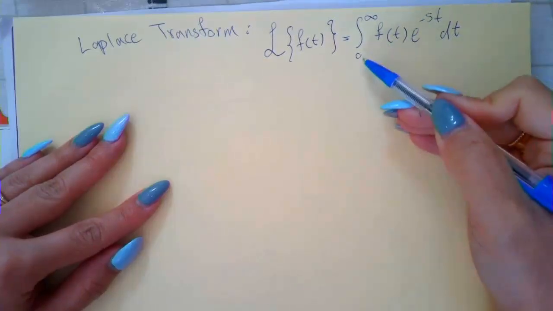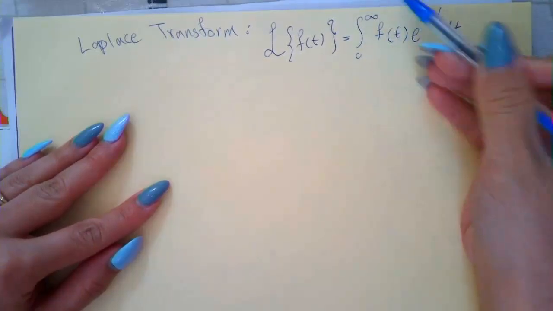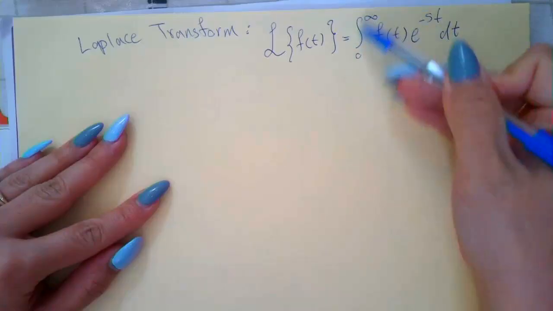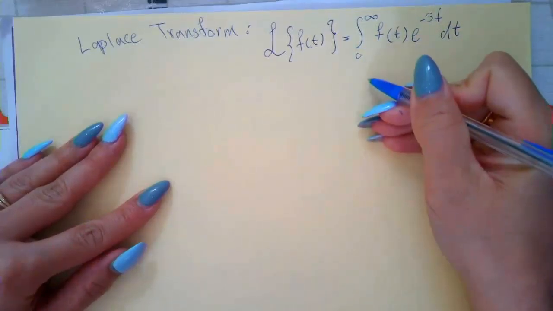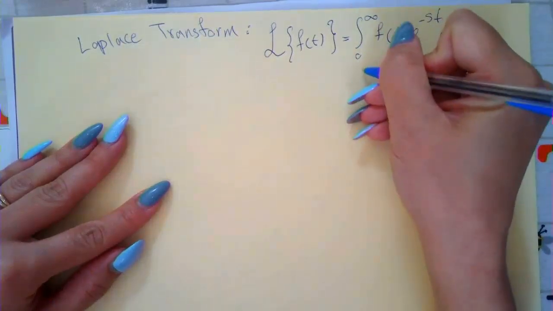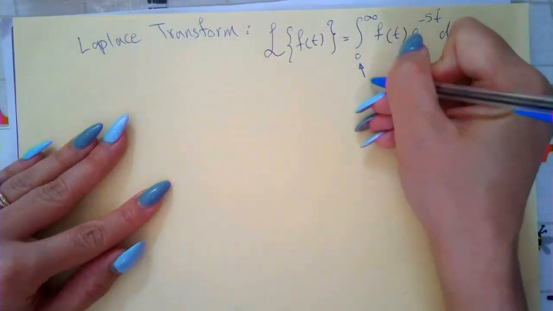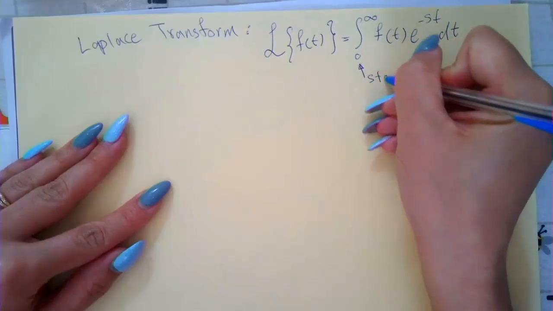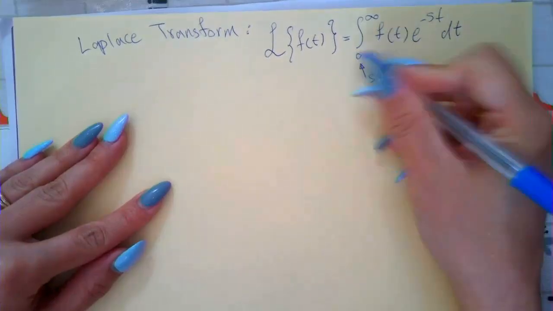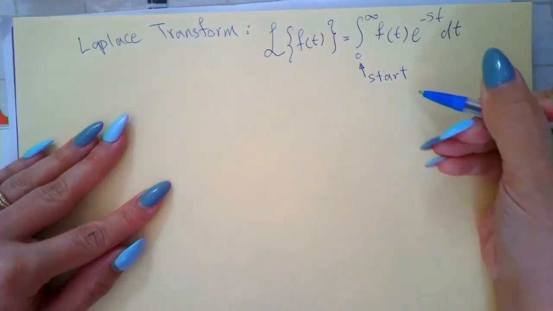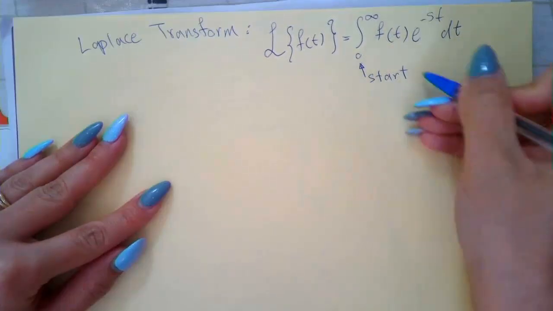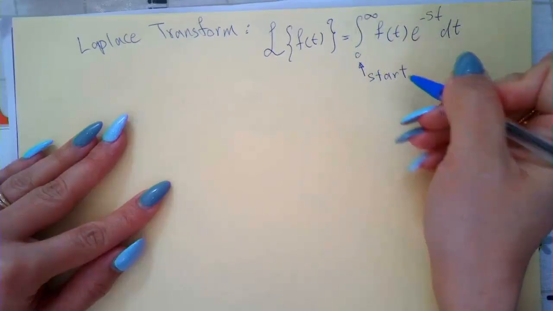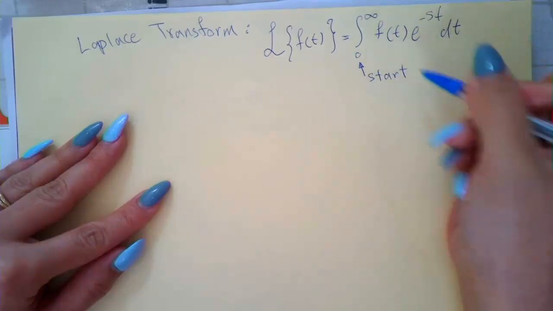We have this integral. It is looking at all the values. It's very interesting because this means that we are looking at initial values. Normally this 0 here is actually looking at a start, which is very important. Often systems do start from 0, but there are times that they don't start from 0. So that might vary the way that we calculate things.